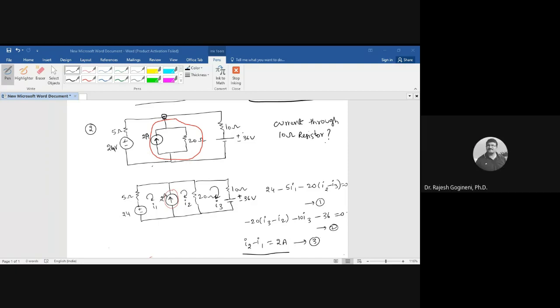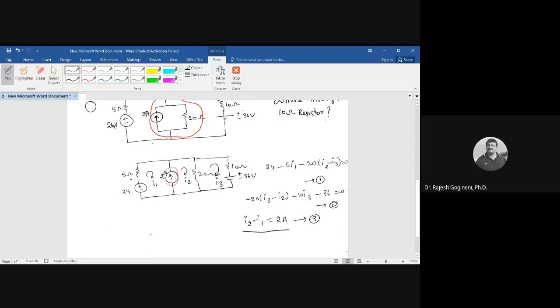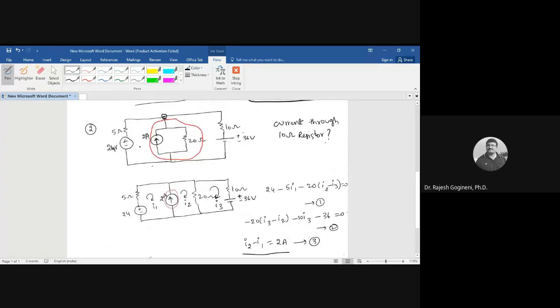Okay, source transformation. If you observe this one, source transformation converts these two branches into a single branch, because this is a current source in parallel with a resistor. If it is replaced by a voltage source in series with a resistor, it will be useful and it gives a single branch, right?